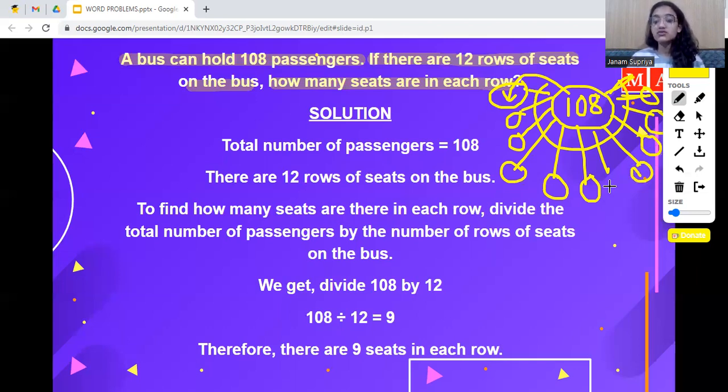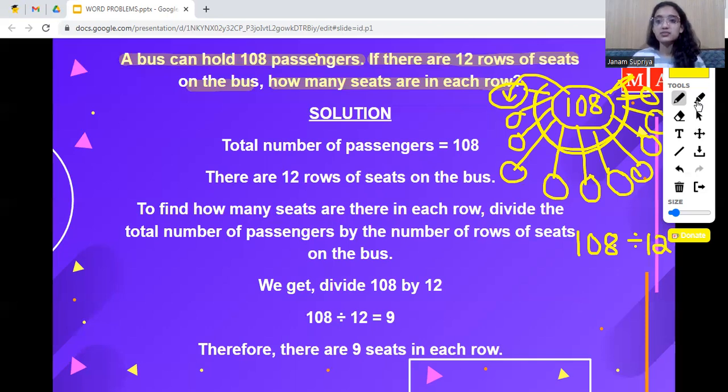So here we need to find the number of passengers in each row. We know in how many parts it's getting divided, but we don't know the amount. So here also 108 will be divided by 12.